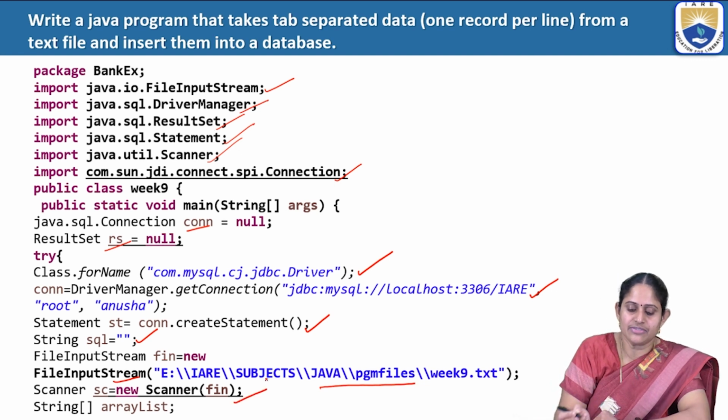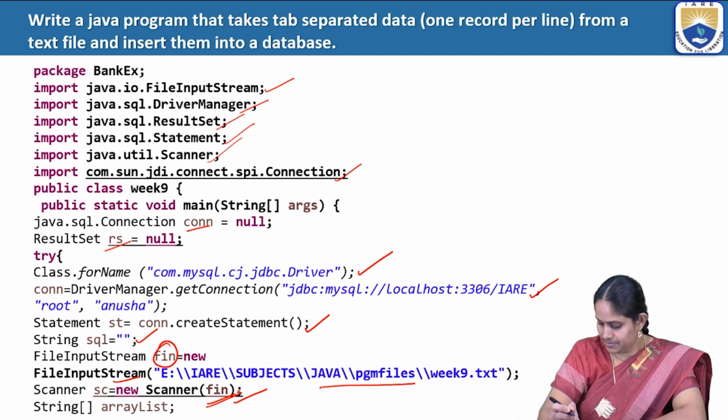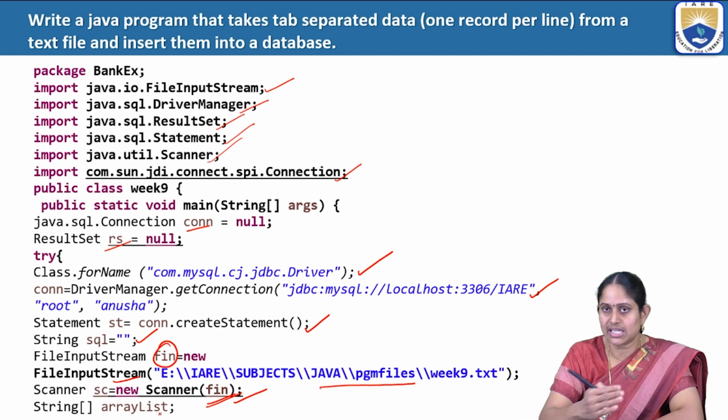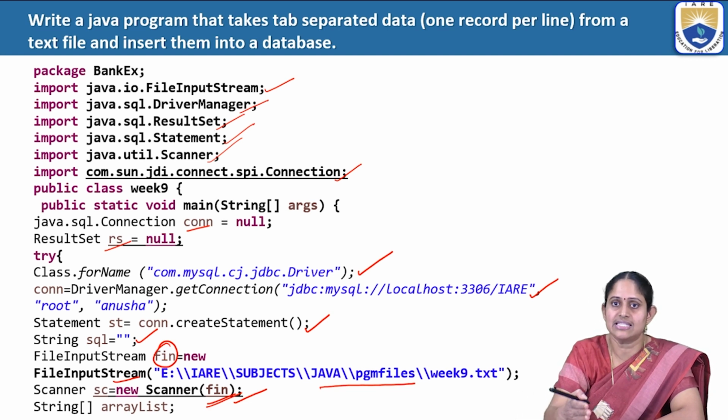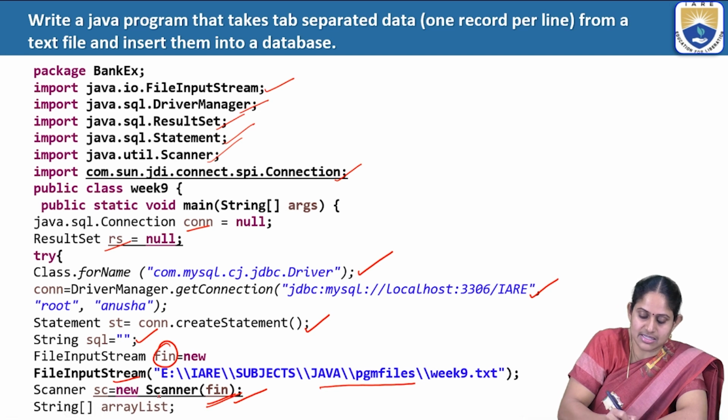To read the contents from the file, I am making use of the scanner class. So the file input stream object is passed as a parameter to the scanner class. Then I have this array list wherein it will store the contents from the file, and this array list is not needed.